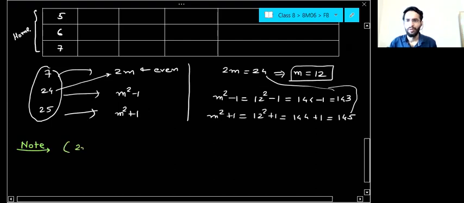2m, m square minus 1, m square plus 1, m square plus 1 always be c.